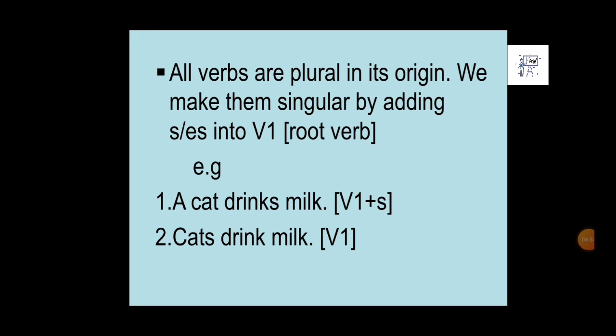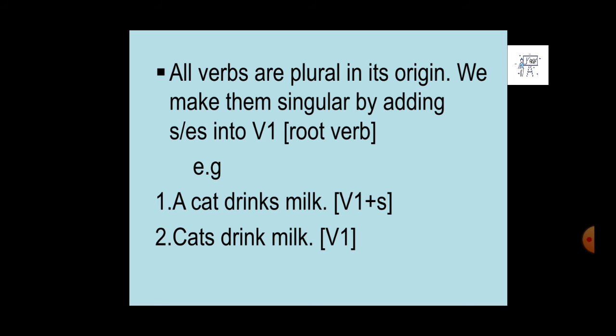See, all the verb forms are plural in its origin. When I explained the topic subject verb agreement, I explained it very well there that all the forms of the verb are plural in its origin, and we make them singular by adding s or es into the first form of the verb, that is known as root form of the verb.